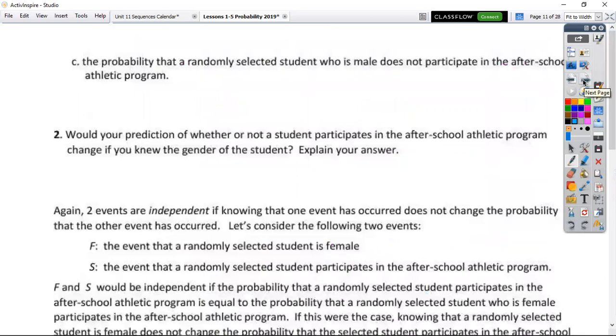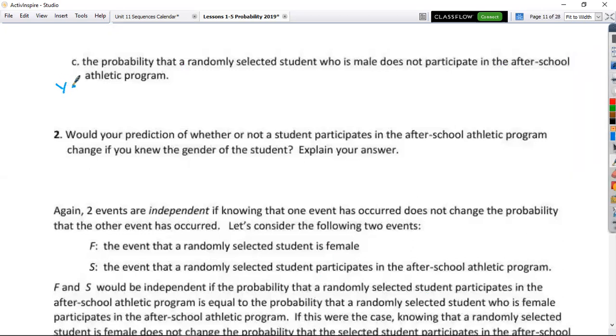The probability that a randomly selected student who is male does not participate. So is this one going to be conditional as well? Yes. So this one is also a yes, conditional, because you are applying the condition of gender. It is gender specific.